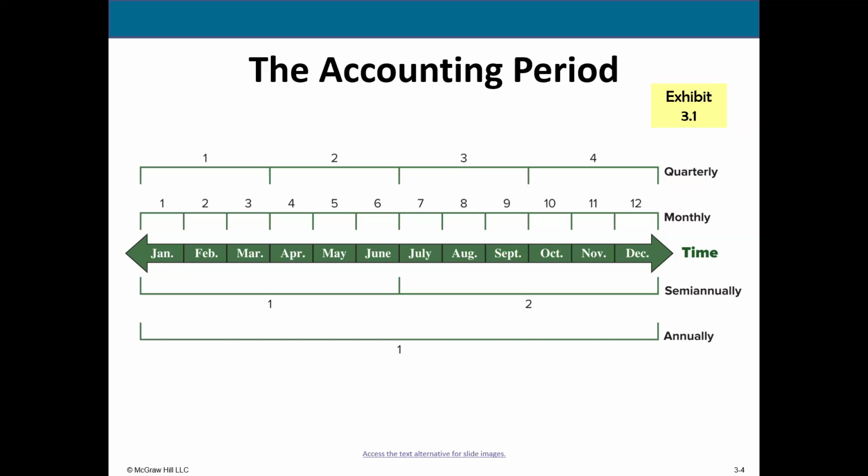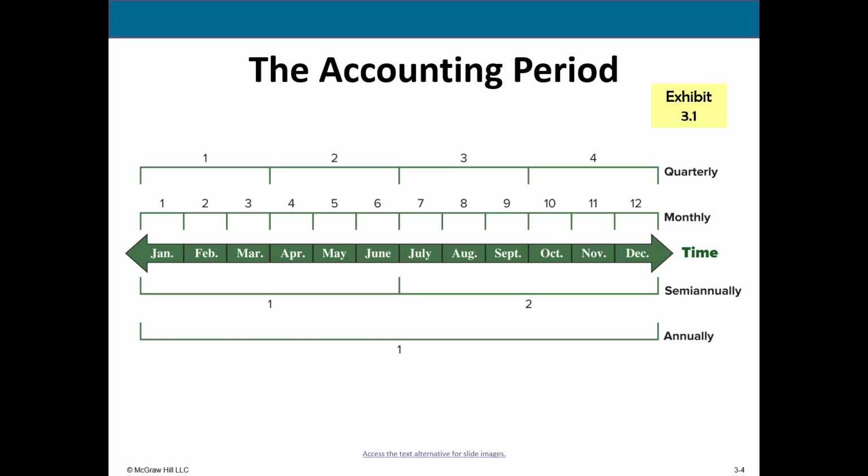Right? That's why it's really important that we recognize revenue and expenses when they were incurred, because it shows us a more accurate picture of what actually happened in each month, right?